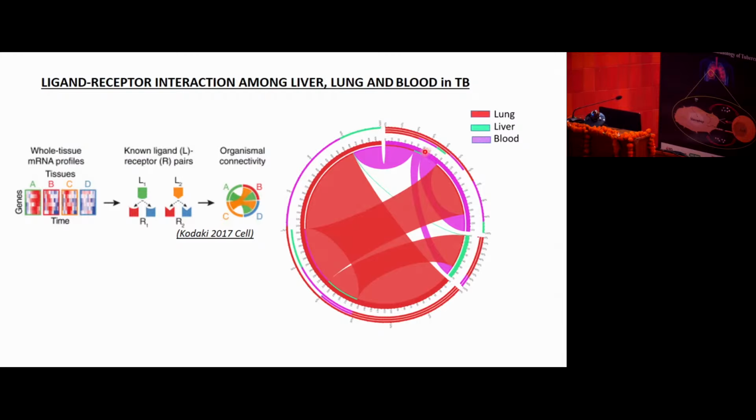Similarly, the ligands produced by the blood also have receptors in the liver, but there is only one ligand that has any relation with a receptor in another organ, and that is the lung. Interestingly, this is C1QC, which is a known biomarker for tuberculosis that we find in the serum, or plasma, of people.